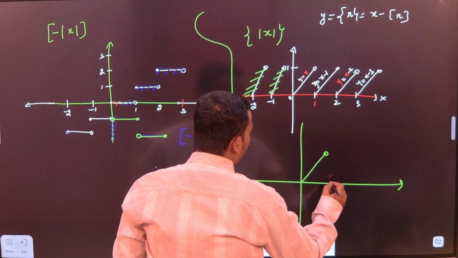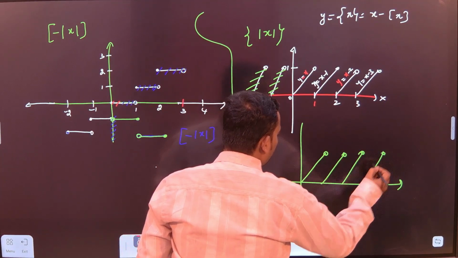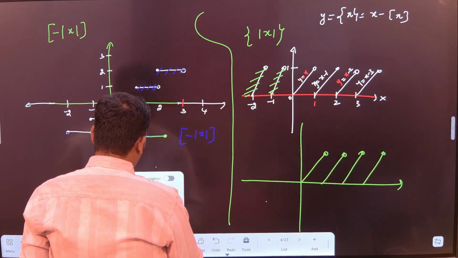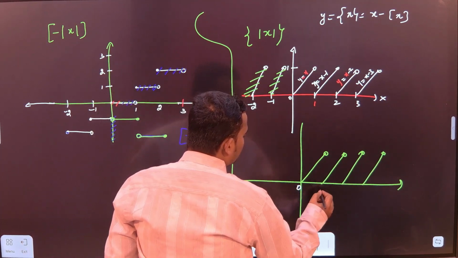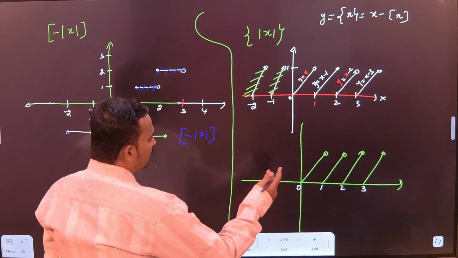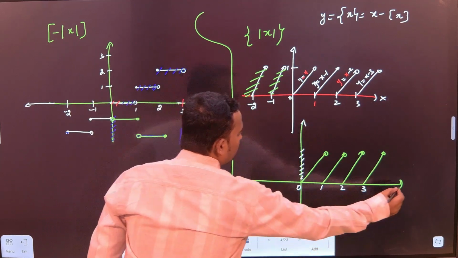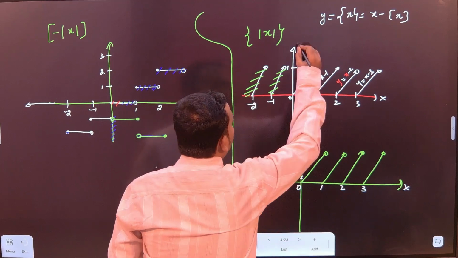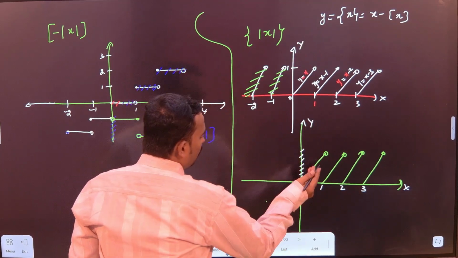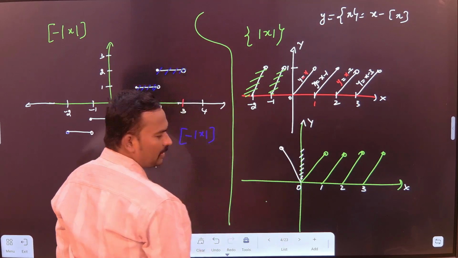First you can draw this graph, the right side, right? 1, 2, 3. Whatever the right side is there, you take the mirror about the y-axis. This x-axis, this is the y-axis, okay? So whatever the right side, the image will be like this, okay?